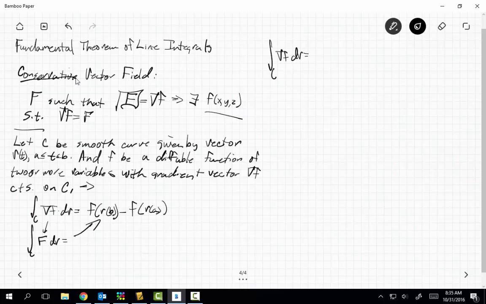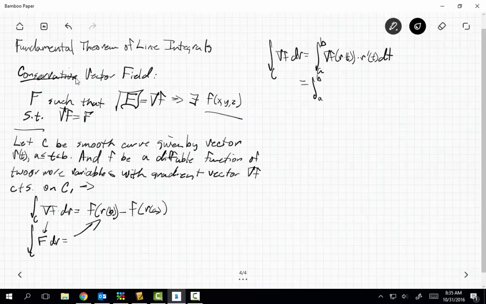I can do F dr like I did before, or F dotted with T ds, or I can write it as the integral from a to b of gradient of f of r of t dotted with r prime of t dt. You remember that from last section? That was a pretty useful one, if you recall. Now, remember that the gradient is just partial derivatives, right?